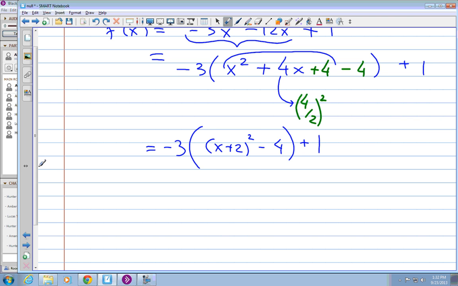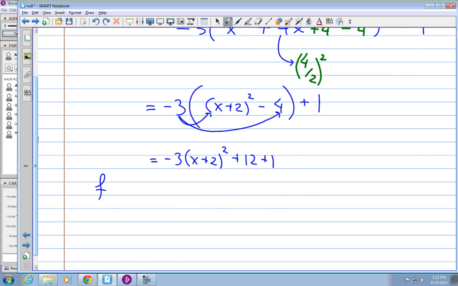Now, if I distribute that -3, it will give me -3 times x plus 2 squared, and then plus 12 plus 1. So when you multiply -3 by -4, it turns into positive 12. So the function is -3(x plus 2) squared plus 13. That's our function in that friendly form.